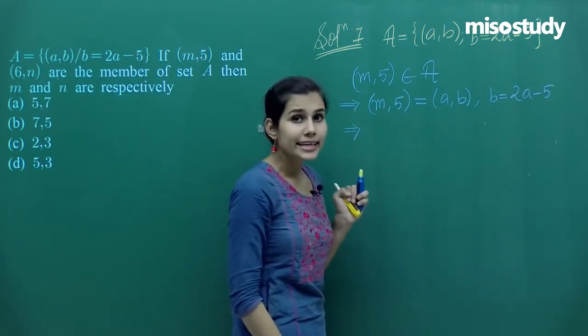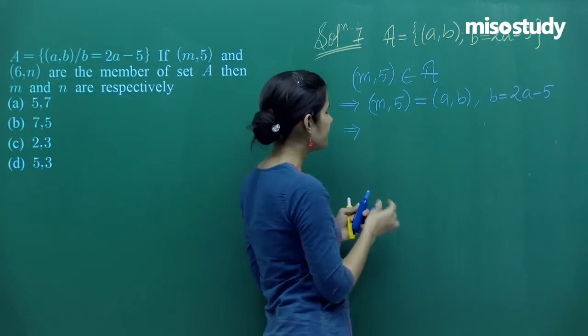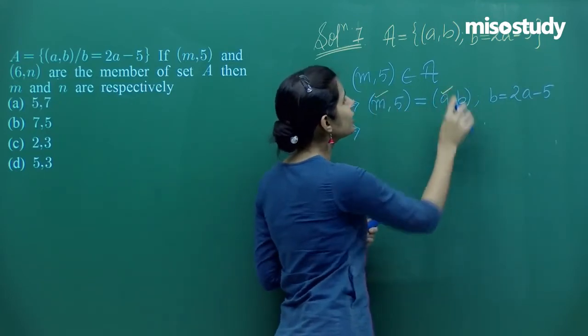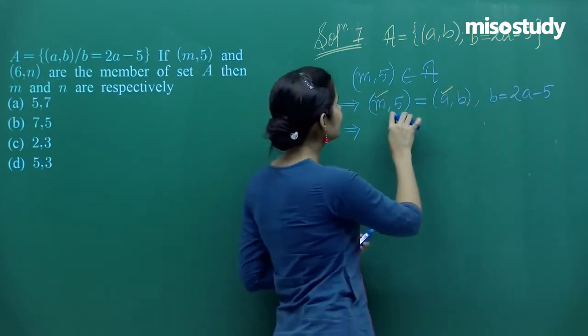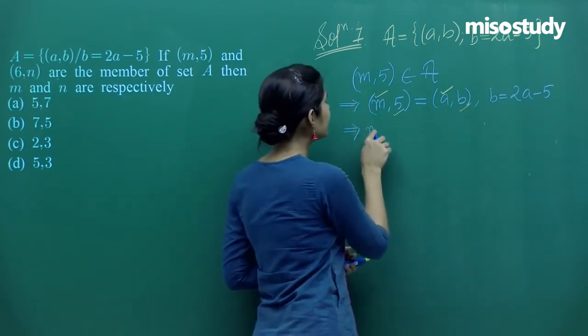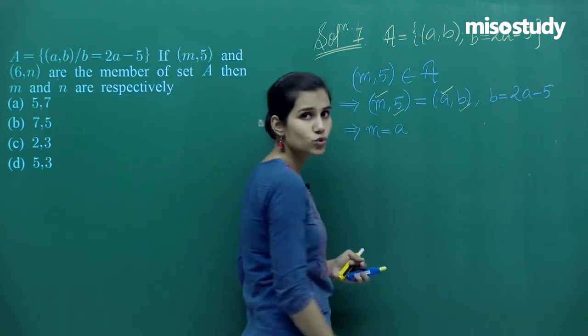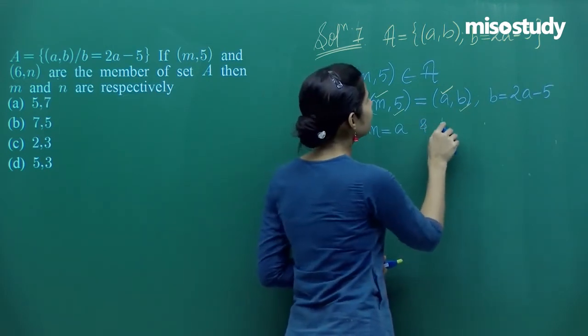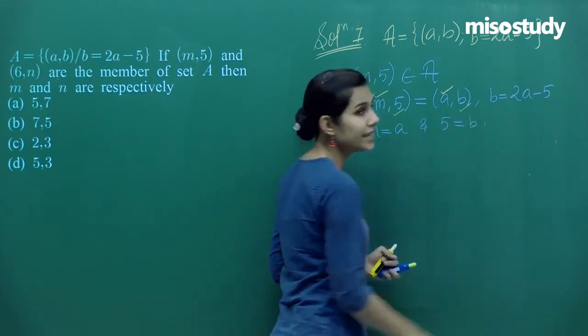Two tuples are equal only when the first entry is equal to the first entry and the second entry is equal to the second entry. So this implies that my m is equal to a and 5 is equal to b.